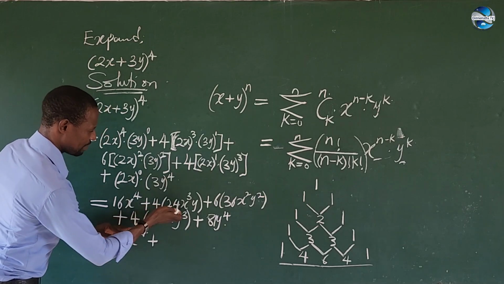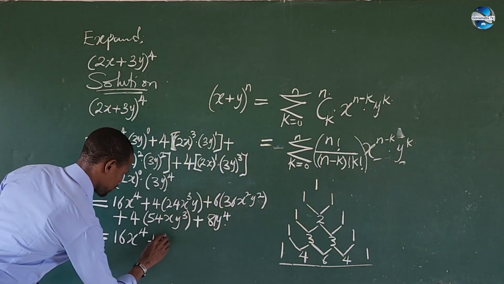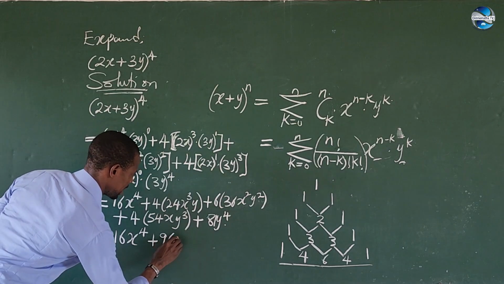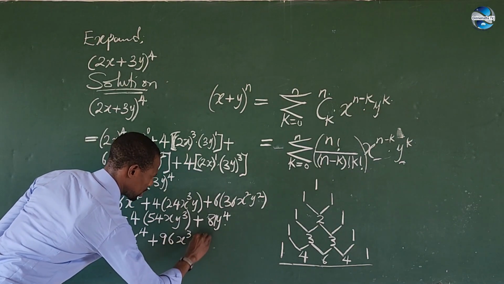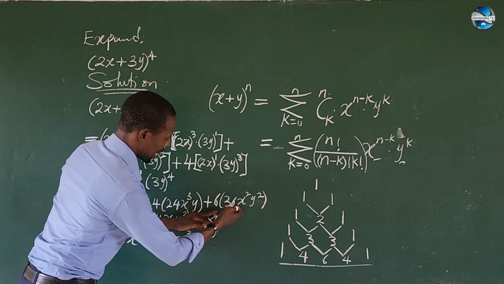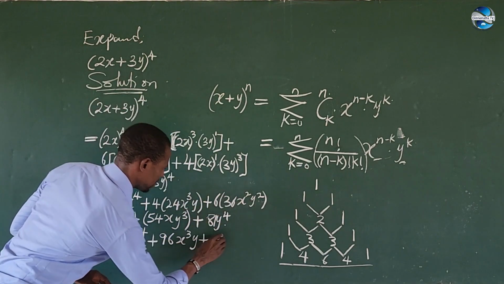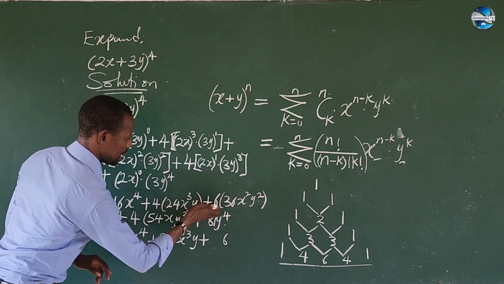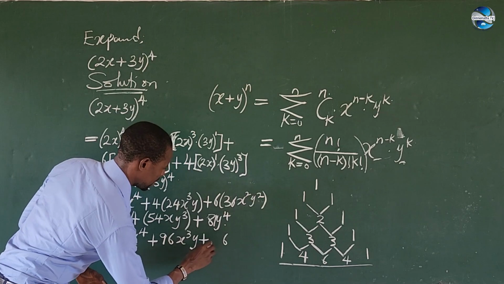So 4 times this will give us 96. So we have 96x to the power of 3 y, plus then 6 times our 36 here, right? 6 times 6 will give us 36. Then 6 times 3 will give us 18, plus your 3 will give us 21.